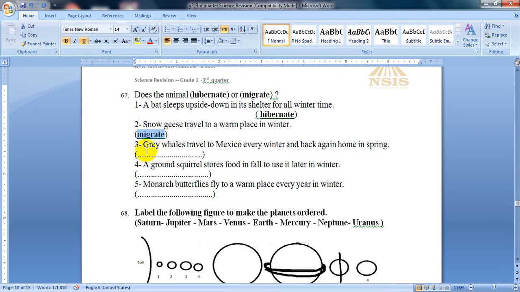The next one, number 3, gray whales travel to Mexico every winter and back again home in spring. Also, they cannot live in cold weather in their country, so they travel. It's a way of adaptation, so gray whales migrate.